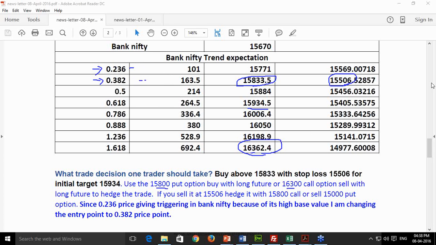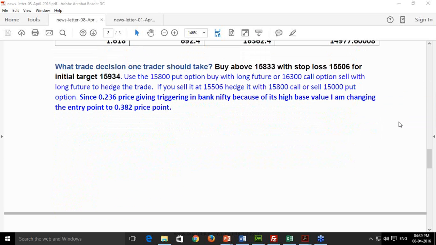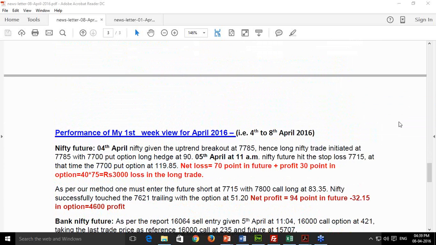Always hedge your position, because these are weekly positions. Whether it is weekly or intraday, make a practice to hedge all your positions, so that when the stop loss impact comes, you will be less affected compared to a plain trade. That is why hedging is highly essential.